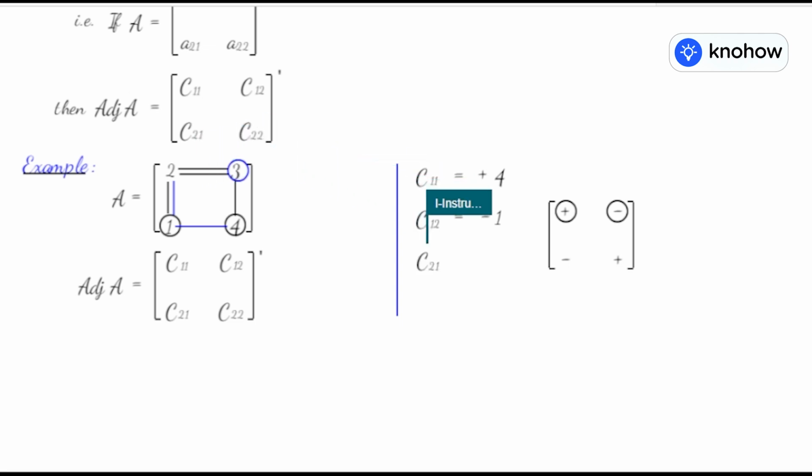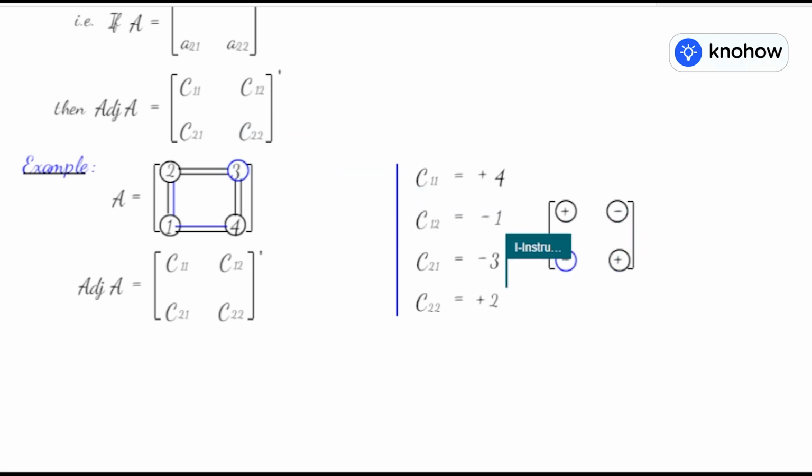The sign for the C21 position is negative. Finally, C22 is this place. Delete the row and column through C22 and you get the opposite number, which is 2, with a positive sign.